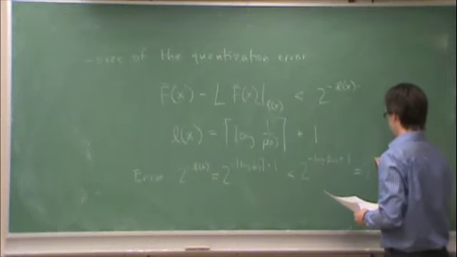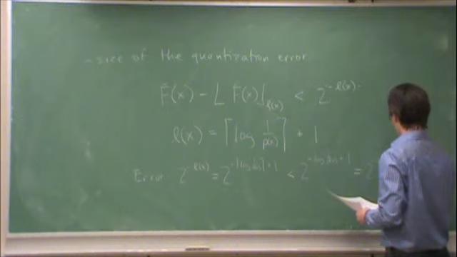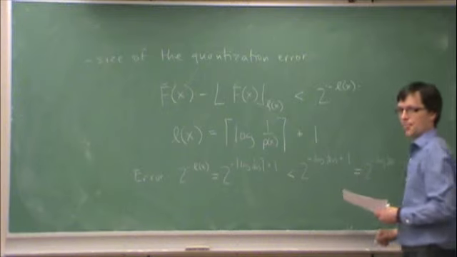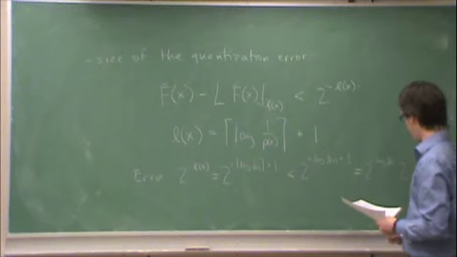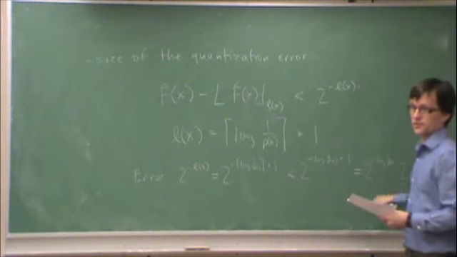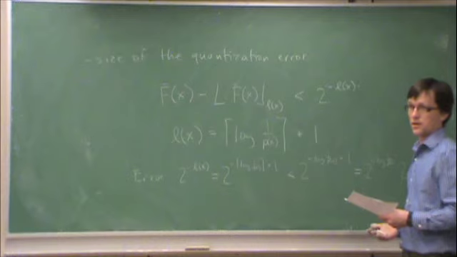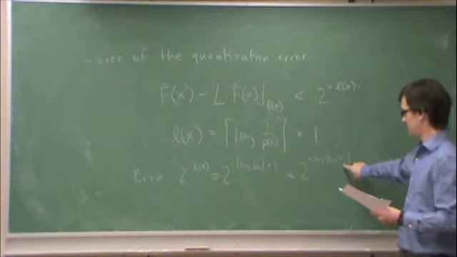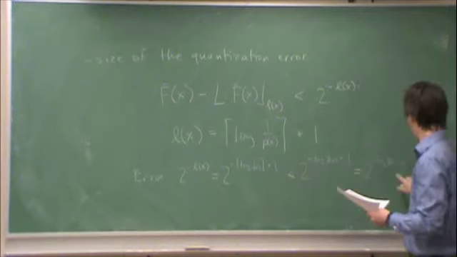to 2 to the minus log 1 over p of x times 2. What's 2 to the minus log 1 over p of x? Sorry, it's a minus 1. That's right. Sorry about that.